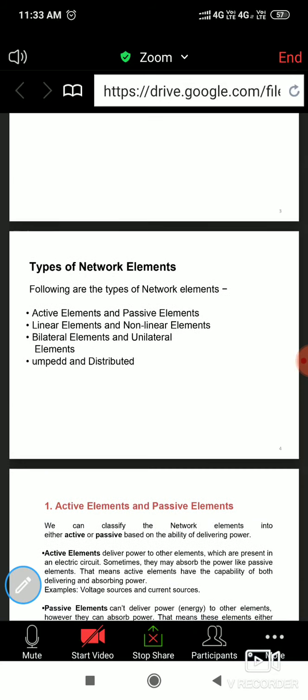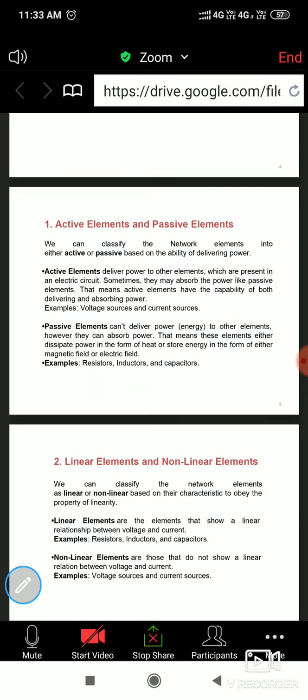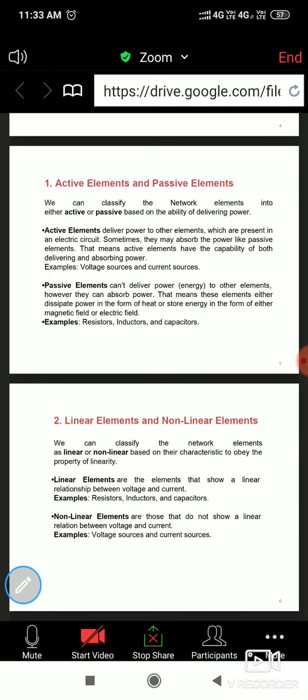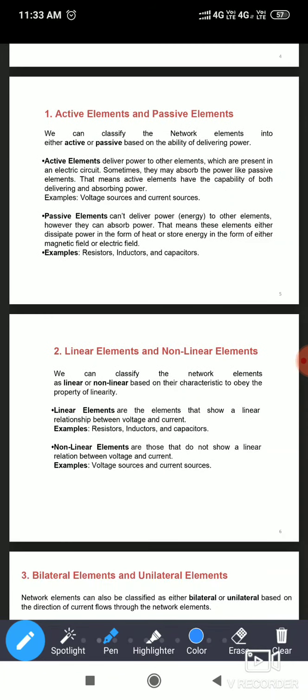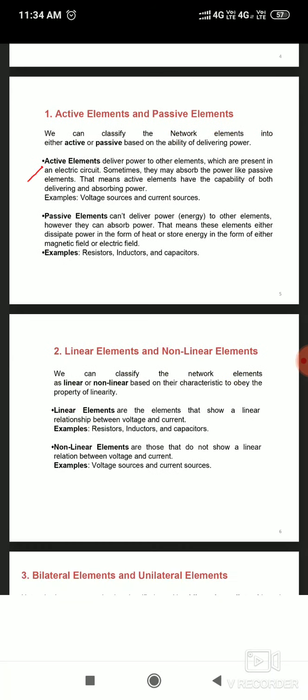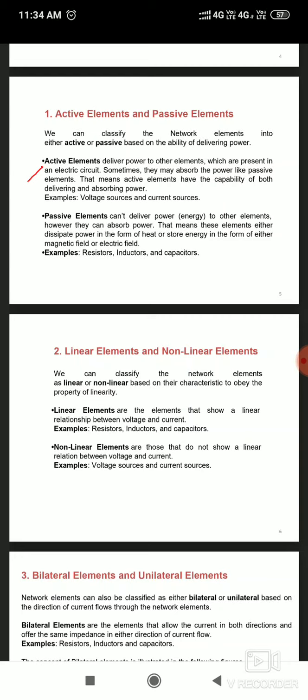Okay, now next point. First we will start with the first type of network elements: active elements and passive elements. What do you mean by active elements? Active elements are those which deliver power to other elements present in the electric circuit or network. The work of active elements is to deliver power, to deliver energy to other elements.